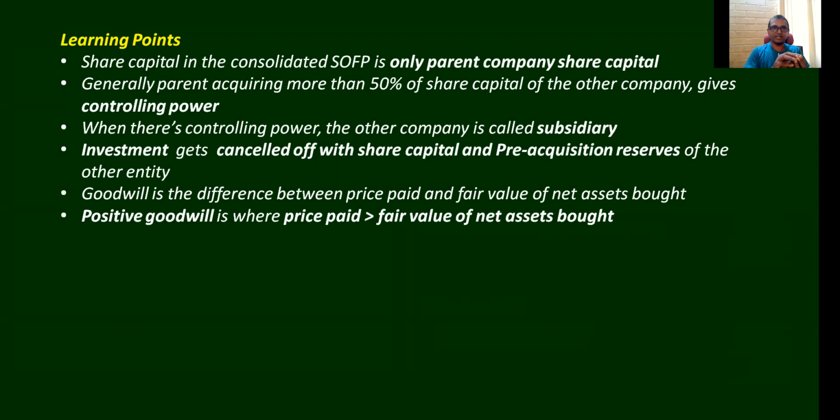Equity 30,000, you have paid a price of 35,000. So 5,000 goodwill, positive goodwill. When the price paid is higher, you have paid more to acquire that company. Positive goodwill is treated as a non-current asset. You already know, we put it under non-current assets.